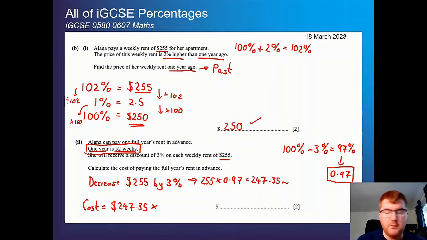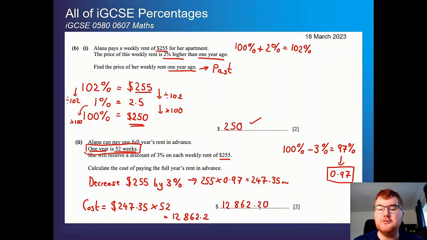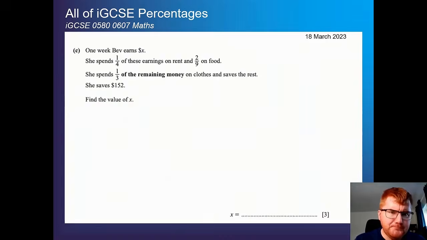And if we do that, we're going to get the decimal of 12,862.2. Now, whenever you're doing a money calculation style question, make sure when we're writing this, $12,862.20. We should always be working with 2 decimal places whenever we do a money calculation.